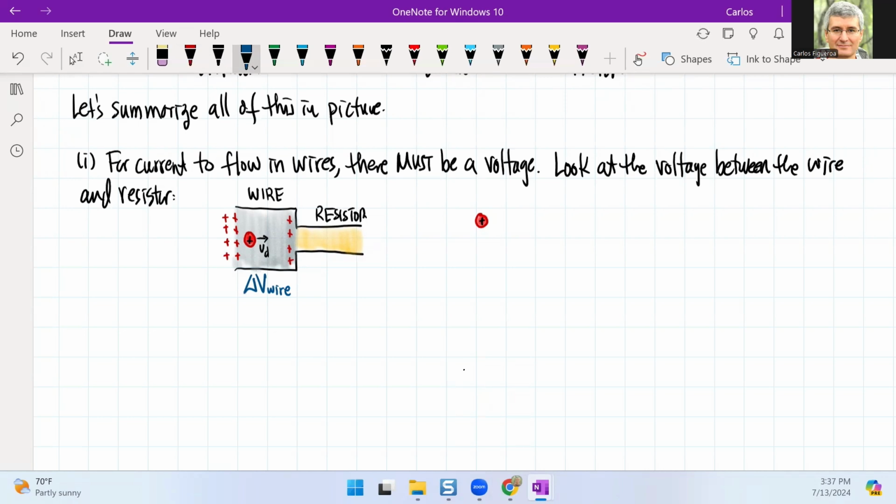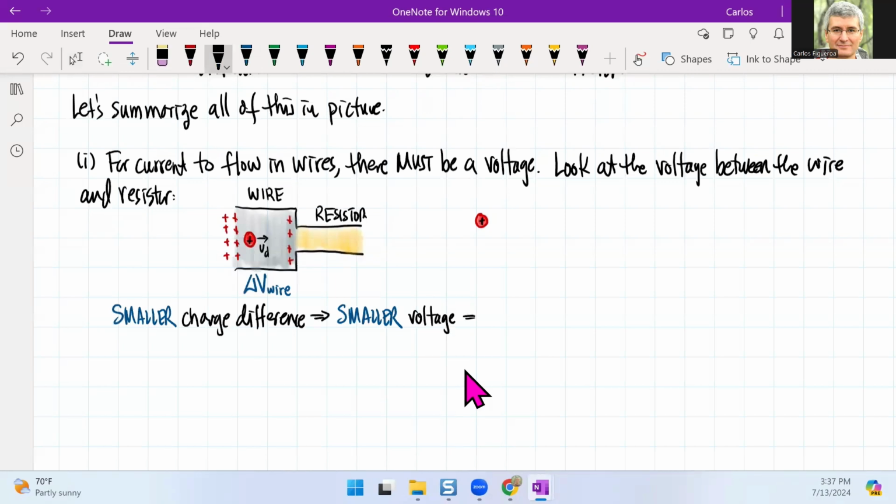So then I'm going to say that I have a smaller charge difference. And if I have a smaller charge difference, then I'm going to have a smaller voltage.